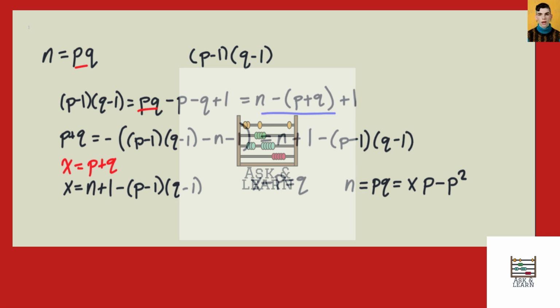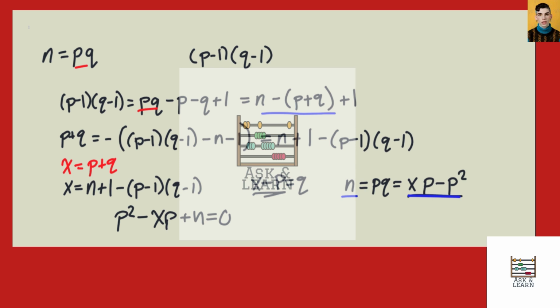Okay, because we took p and we replaced q with this value here of x minus p to get this expression here. So this implies that p squared minus xp plus n must be equal to 0. That's what this whole expression means.